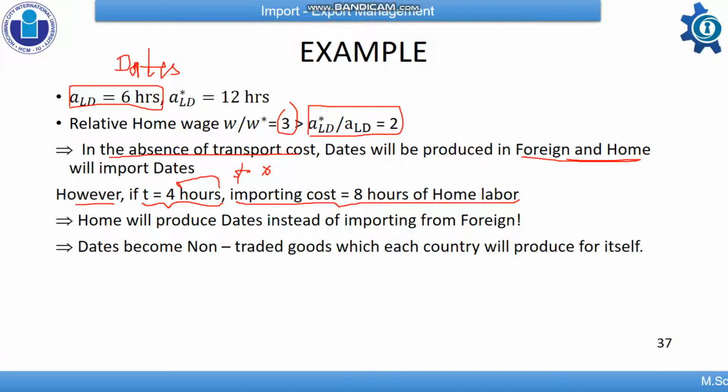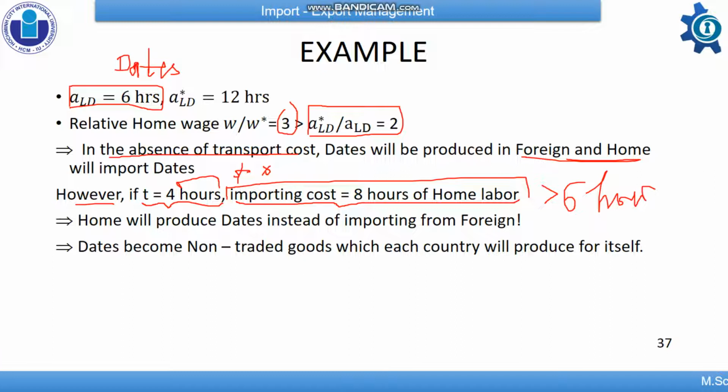So since the transportation cost will be 4 hours, we have the total cost of importing dates from foreign countries of 8 hours, and this one is larger than 6 hours.